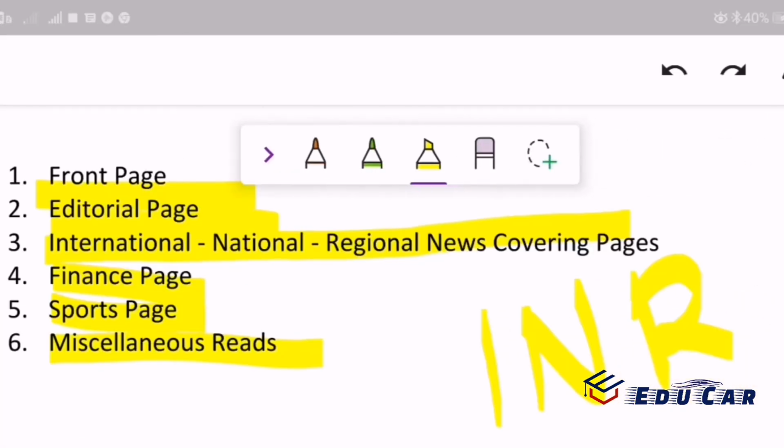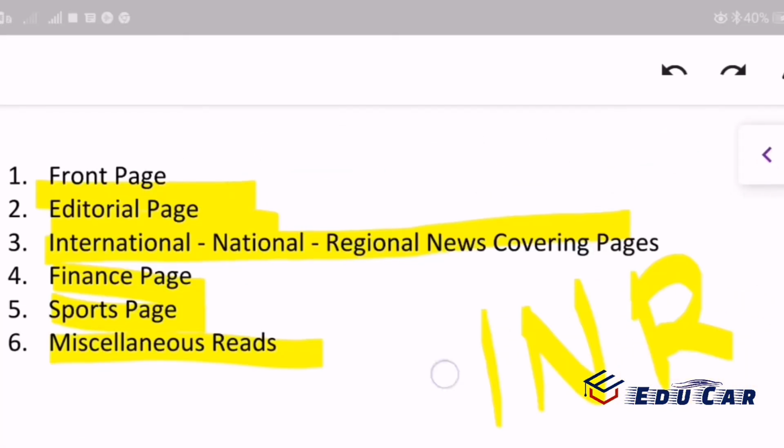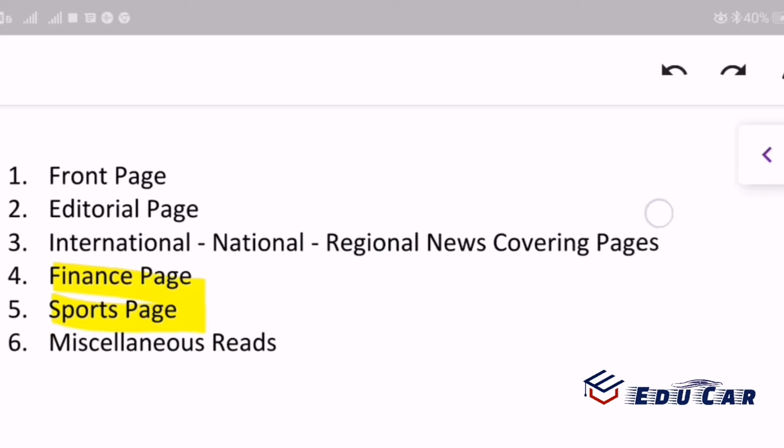The first thing that you need to do is to be able to understand or recognize these sections or specific pages in your newspaper. That is the first thing that we need to do. So let's start with all these sections one by one.